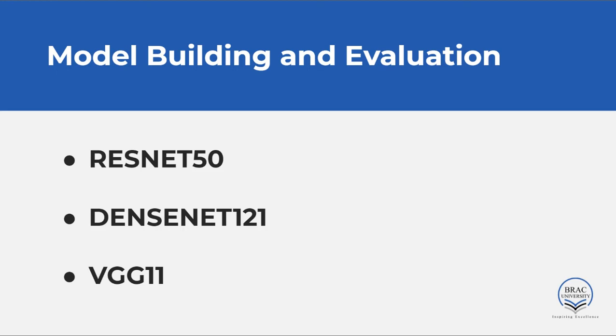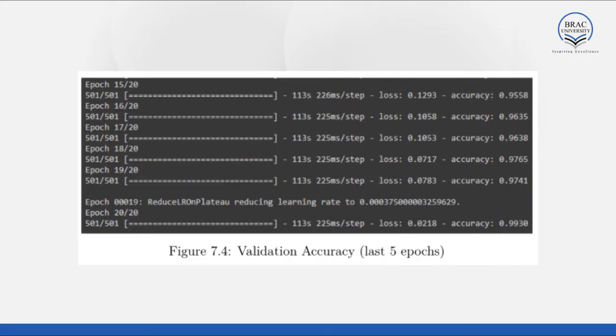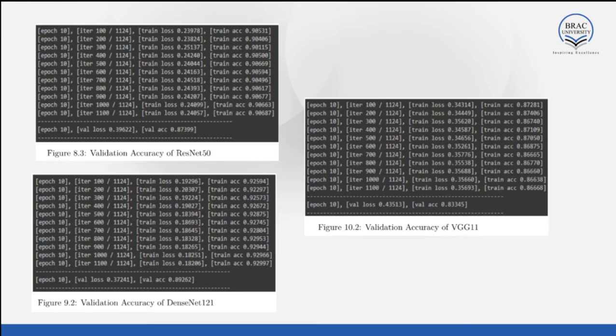For our model, we got an average of 97% for both training and validation accuracy, considering only the last 5 epochs, whereas ResNet had a validation accuracy of 87%, DenseNet had a validation accuracy of 89%, and VGG11 had a validation accuracy of only 83%.